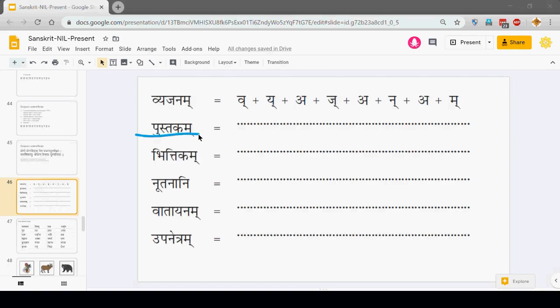Okay, next one after pustakam is book. Pustakam is book. Okay, next one, Vivek. Bhittikam. Bhittikam is wall. A wall.